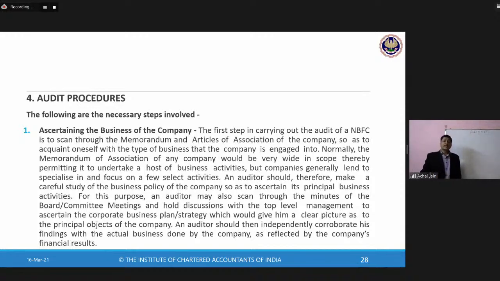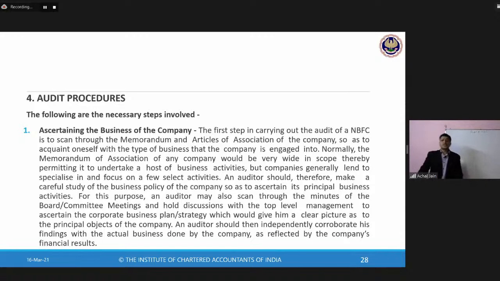The auditor will understand the detailed processes of the entity in relation to various areas. For example, advancement of loans. For example, receipt of any sort of monies which the NBFCs are doing. The overall process for income recognition.